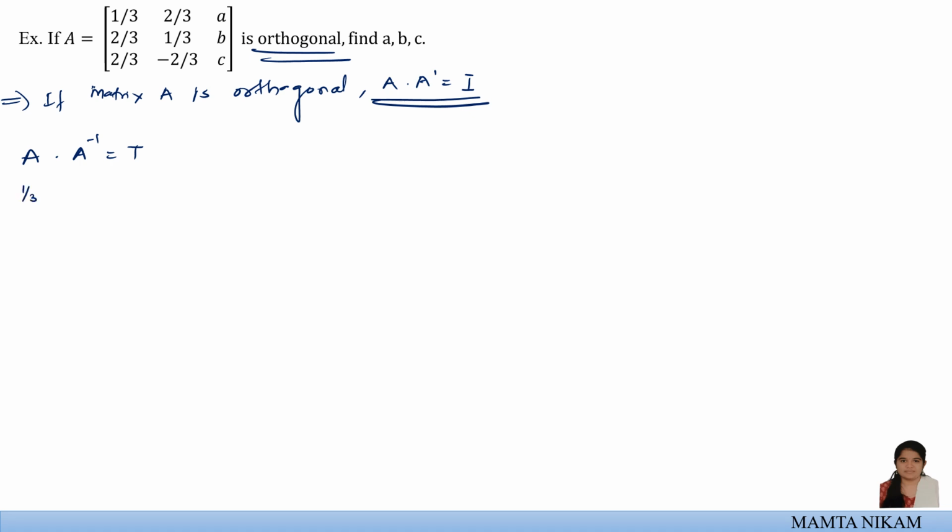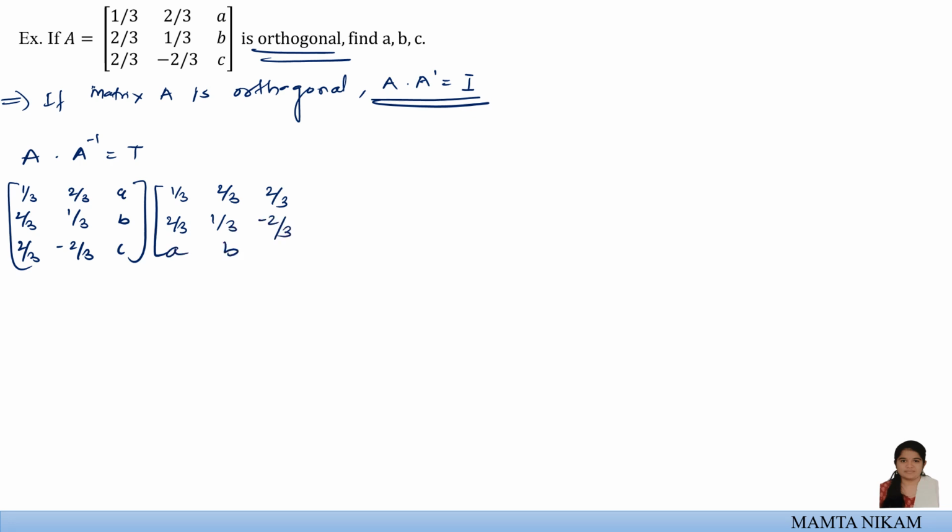Matrix A is 1/3, 2/3, A; 2/3, 1/3, B; 2/3, minus 2/3 and C. This is matrix A. Taking its transpose, what will it be? 1/3, 2/3, 2/3; 2/3, 1/3, minus 2/3; A, B and C equals the identity matrix.